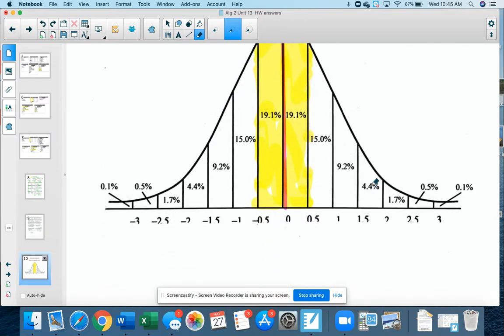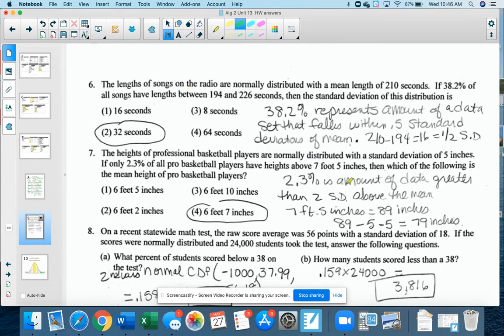Let me highlight that in a different color: this 1.7, 0.5, and 0.1. If you add those all, that's 2.3. So I'm talking about anything greater than 2 standard deviations above the mean.